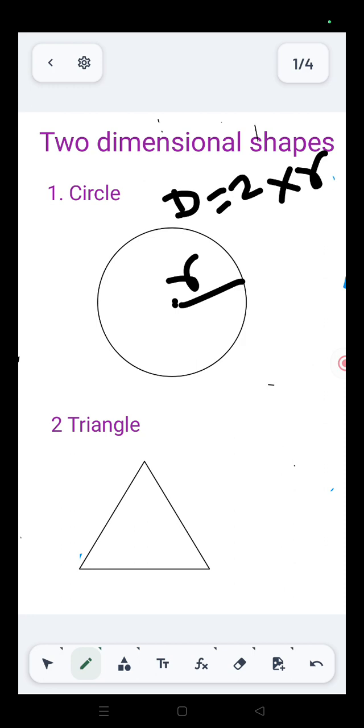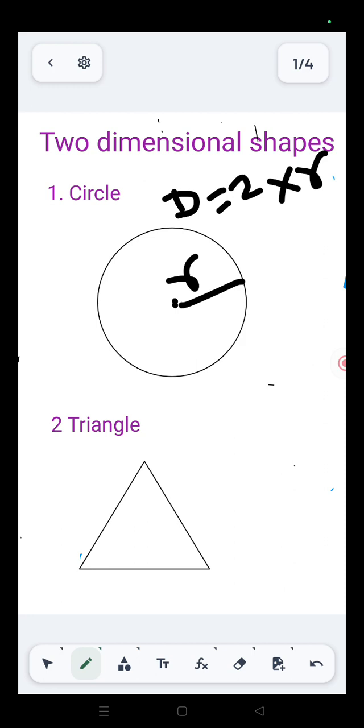Now the next is the chord. What is a chord? A chord is a part of the circumference of a circle. The circumference is the curve drawn with the help of all the points around the circle.